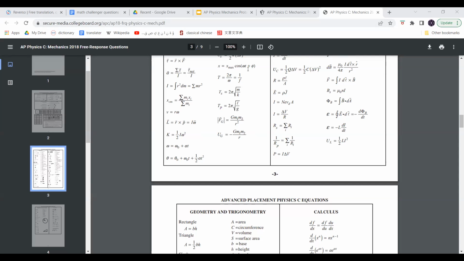x equals x max cos(omega t plus phi). That's your basic standard harmonic equation. x here would mean your y in a coordinate system, and x max is the amplitude of oscillation. If you don't know what that is, you can go to the Logistem YouTube channel.